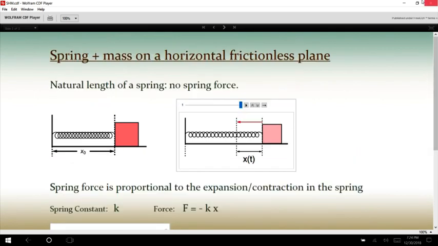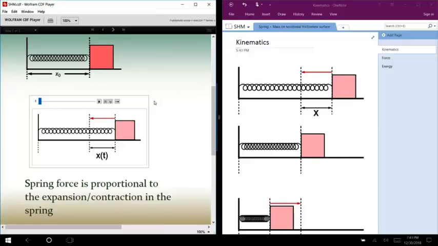Now I want to think about this problem from the point of view of kinematics. We saw the oscillatory motion of a spring-mass system in this video here, and we now want to analyze it from the point of view of kinematics.